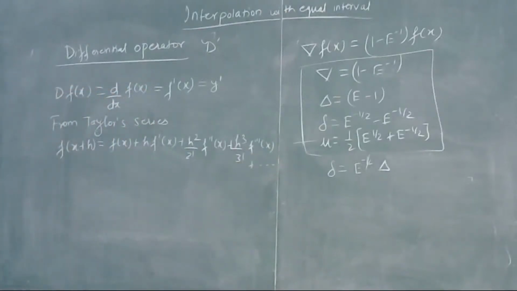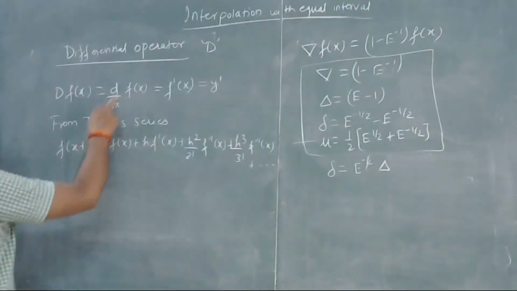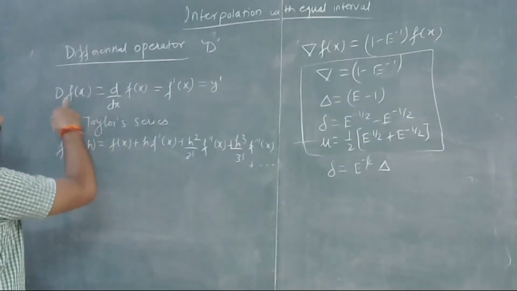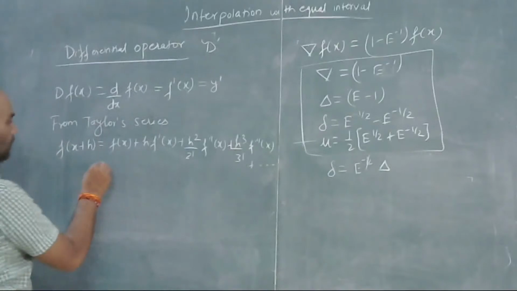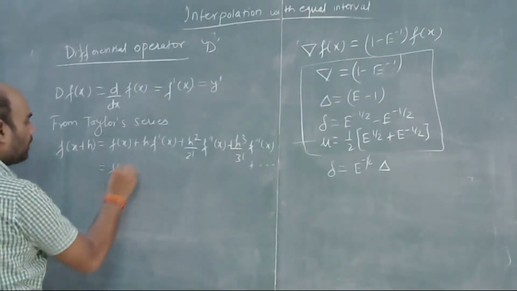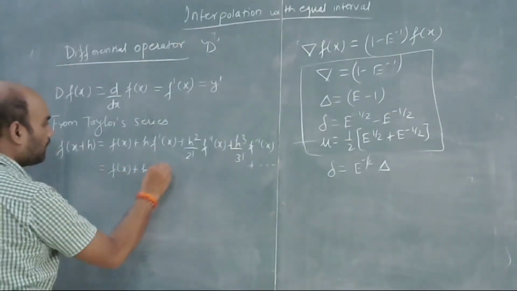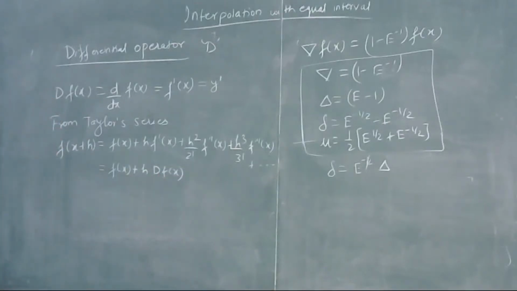So f'(x) is D f(x), so this is f(x) plus h D f(x).